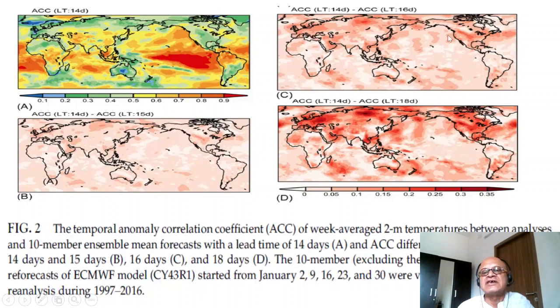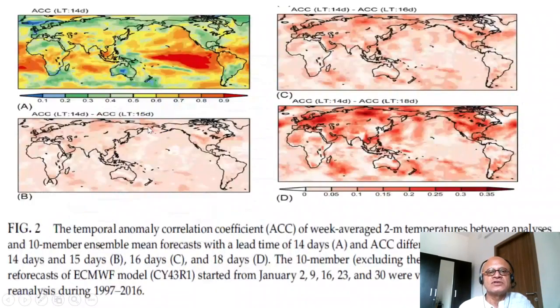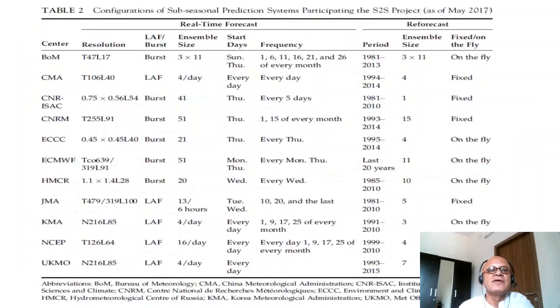As you go to 16 days, there are more regions where the 14-day has higher correlations. As you go to 18-day, there is much larger degradation. So 14-day is much better in large places than the 18-day forecasts. Okay, so this is for 10 members. So you have to vary the number of ensembles and then look for lead times where the skill drops off, like we are doing here. Okay, so all those calculations take time.